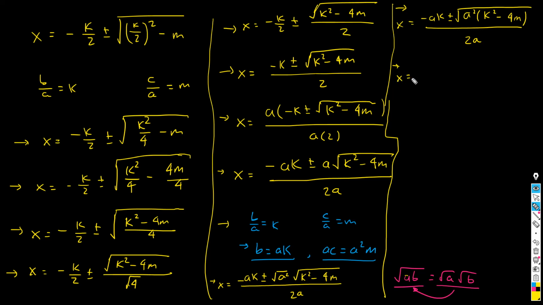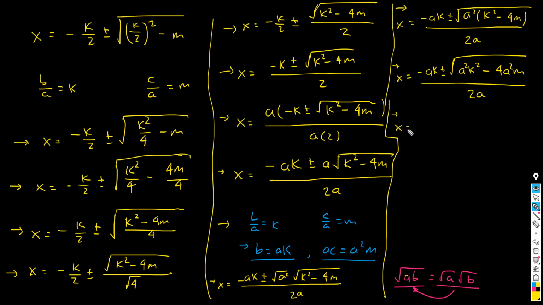Then we have that x equals minus ak plus minus the square root of a squared times k squared, minus a squared times 4m, which is 4a squared m, over 2a.